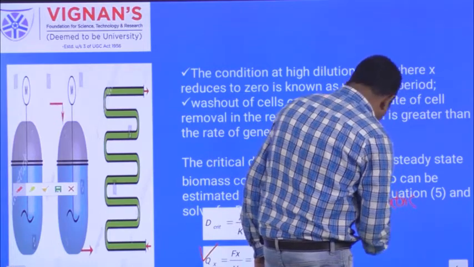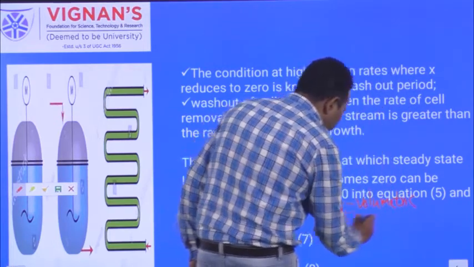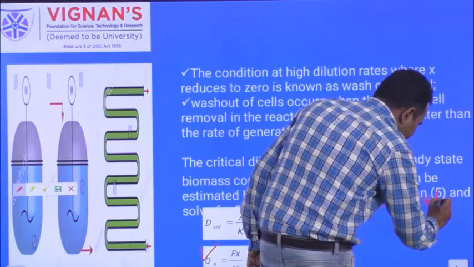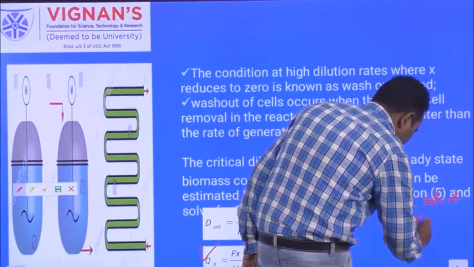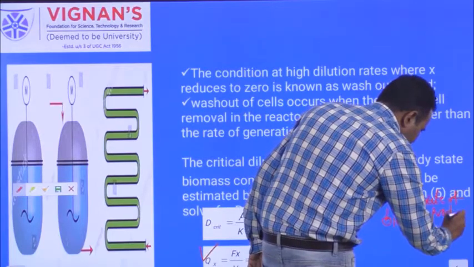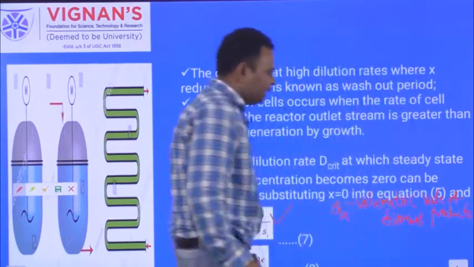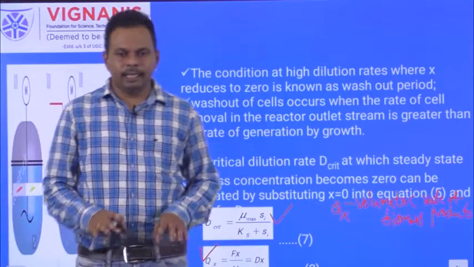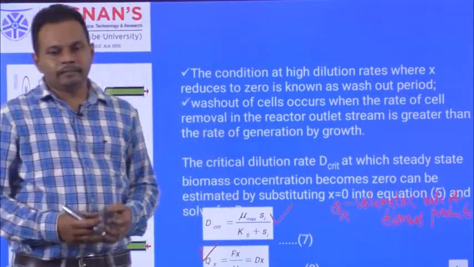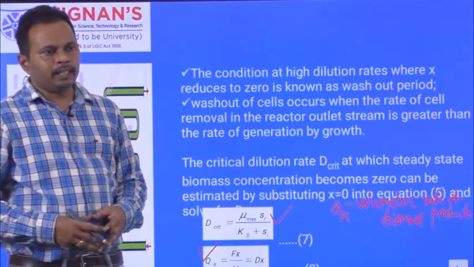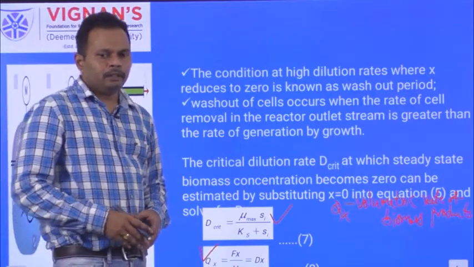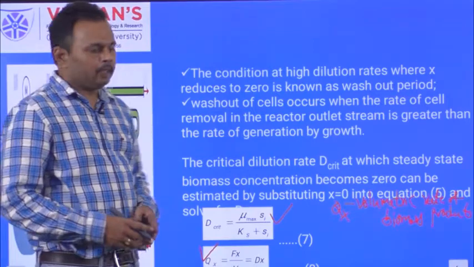At the optimum dilution rate, we can make Qx maximum. If you are able to find the maximum value at a certain dilution rate, that dilution rate becomes the optimum dilution rate. When you operate the fermenter at optimum dilution rate, we can obtain higher amounts of biomass or higher volumetric rates of biomass.